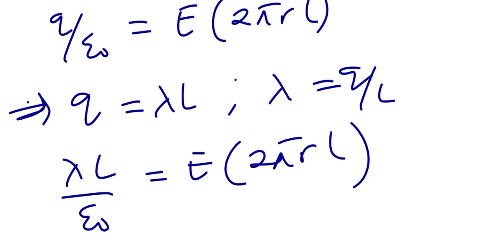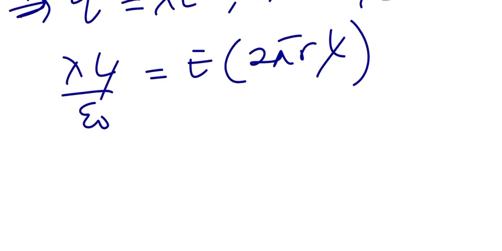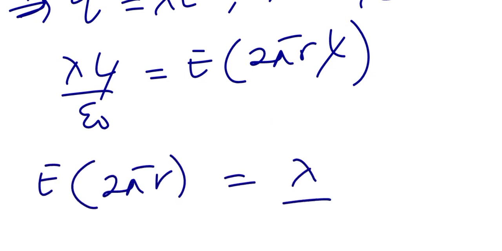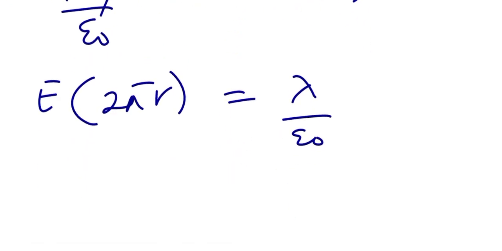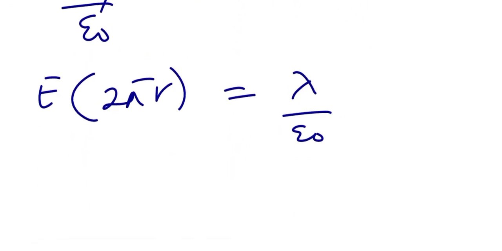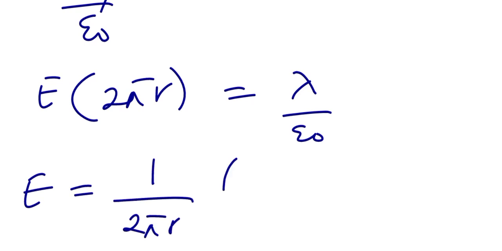We can cancel the L because they cancel each other. Then E times 2 pi R equals lambda over epsilon naught. So we divide both sides by 2 pi R, and E equals 1 over 2 pi R times lambda over epsilon naught.